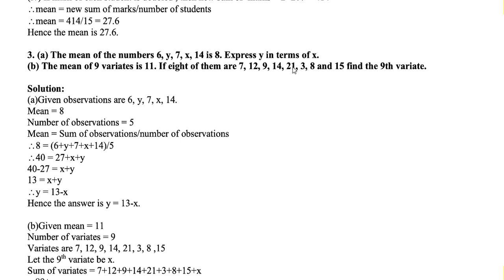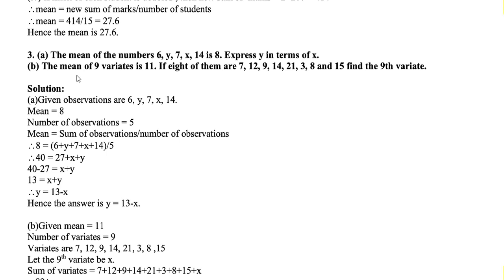The mean is 8, that is given in the question. So I have to add 6 plus y plus 7 plus x plus 14 divided by 5, as the number of observations is 5. After just 2 or 3 steps of calculation, you will get y is equal to 13 minus x. So y is equal to 13 minus x will be the answer.